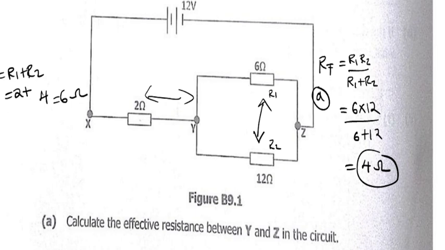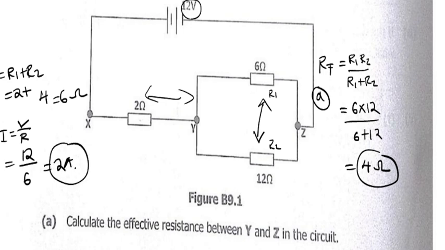That is part B. Current is equal to voltage over resistance. The voltage, we already have voltage here, 12 volts. Resistance, we found 6. 12 divided by 6 is 2 amps. So the current is 2 amps. So current has been found.